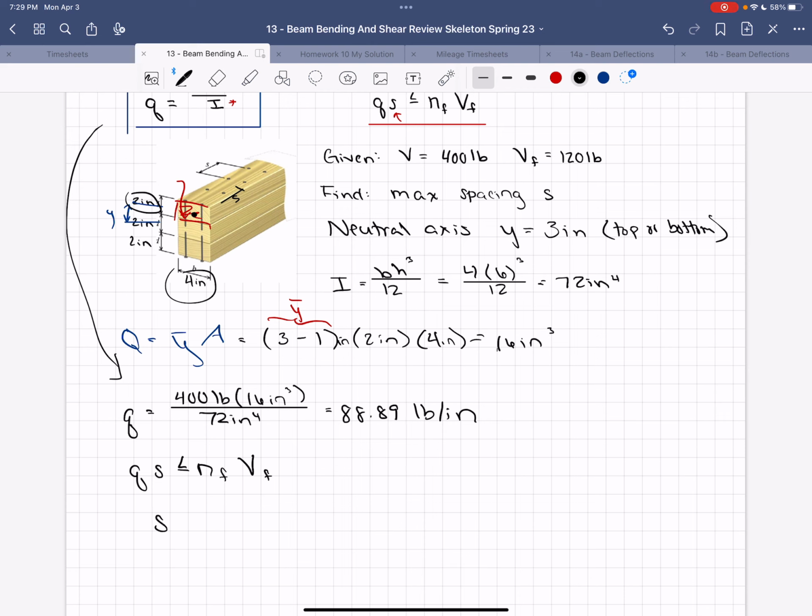We solve for S. It's less than or equal to the number of fasteners times the shear force of the bolt, or nail in this case, all over the shear flow. The number of fasteners here is just 2. We're looking at these 2 bolts.